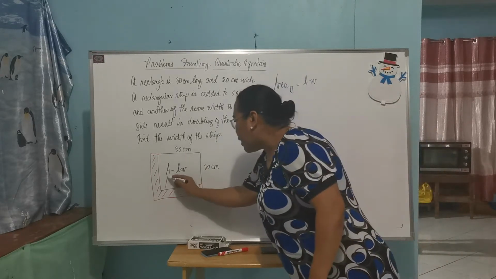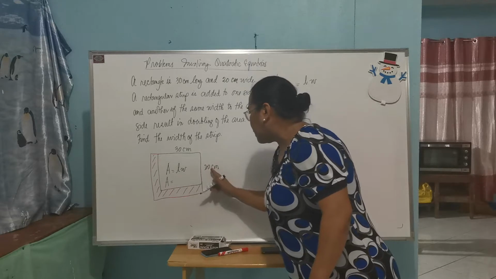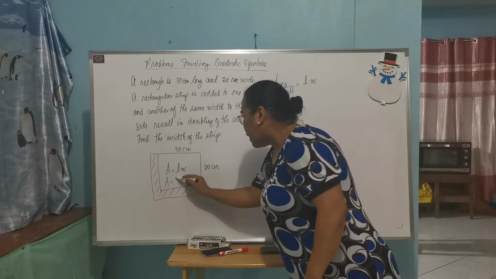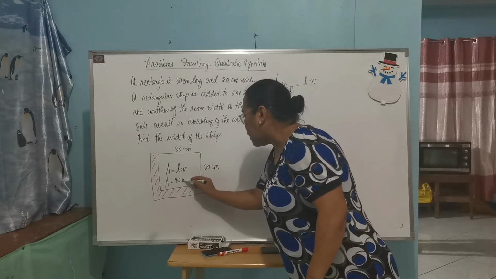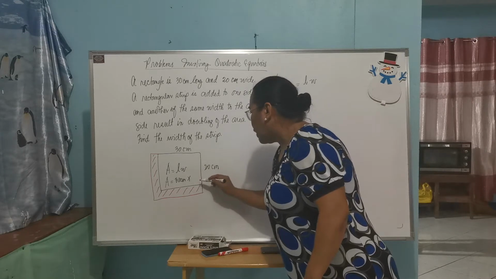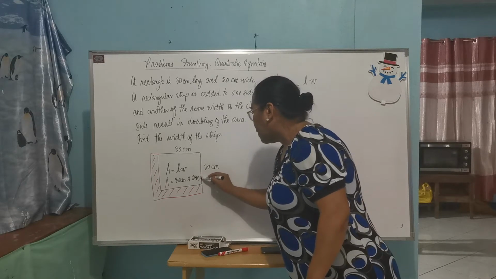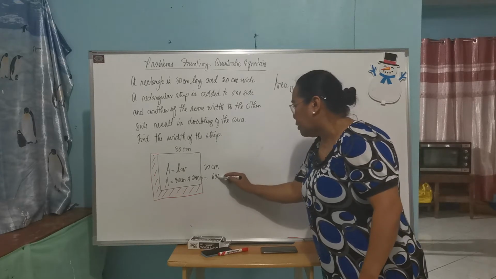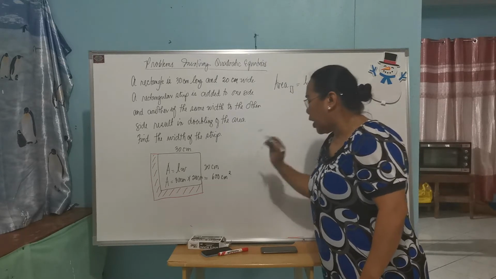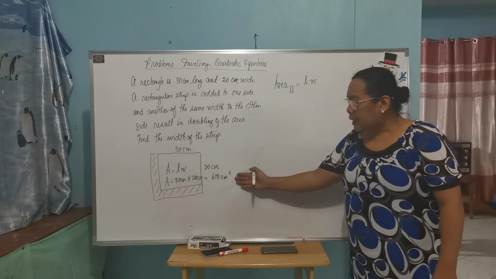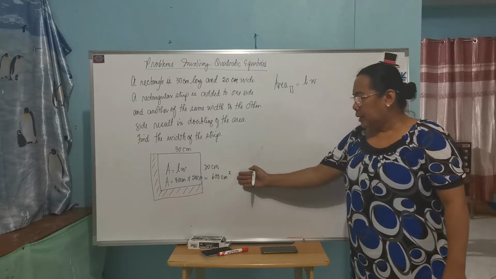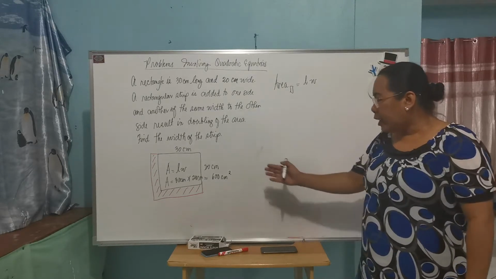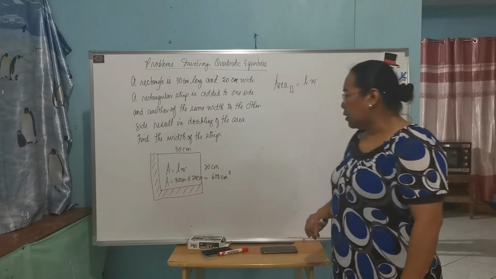Simplifying that by substituting the length, which is 30 centimeters, by your 20 centimeters, this would give us an area of 600 centimeters square. So this is the original area, or the area of the original rectangle.